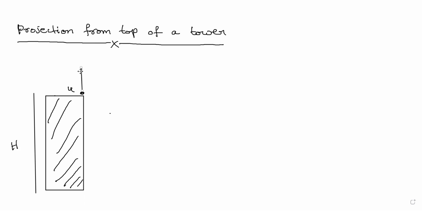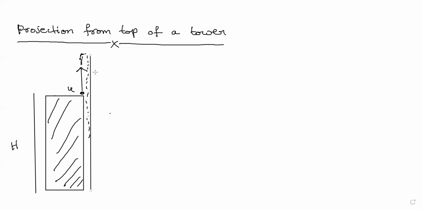Ball is thrown like this upwards with some velocity u. It goes like this, and it starts falling like this. It will fall like this, almost like we are doing it at the edge of the tower.